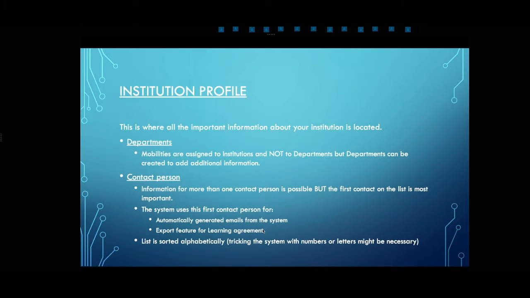So what that means is you can have departments, but we cannot use the different levels of administrators between departments and mobilities. Unfortunately, when you create an administrator with rights to only a department, they are not able to see the mobilities, the applications. So that's one thing to keep in mind.